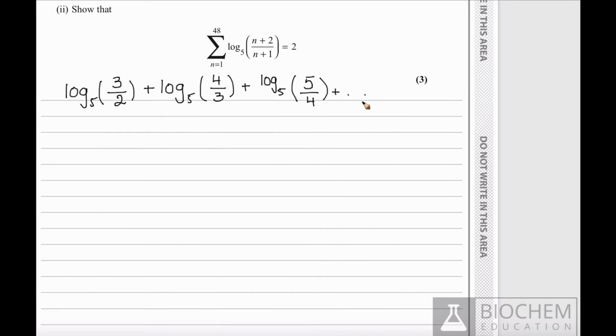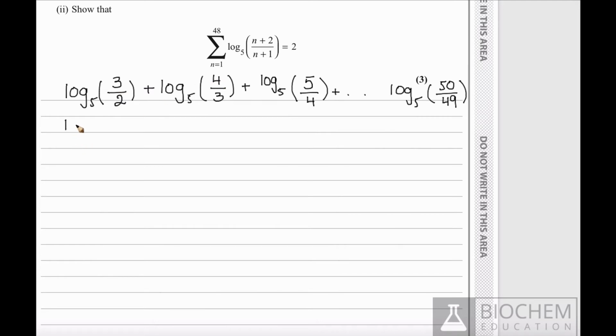I'm not going to write down all those terms, but I'm going to write down the last term, which will be log to the base 5, brackets, 50, which is 48 plus 2, over 49, which is 48 plus 1. Now we can apply the law of logarithms, whereby if two logs with the same base are added together, we can multiply these terms.